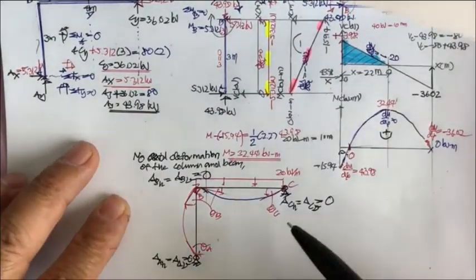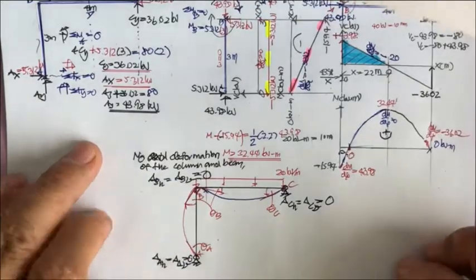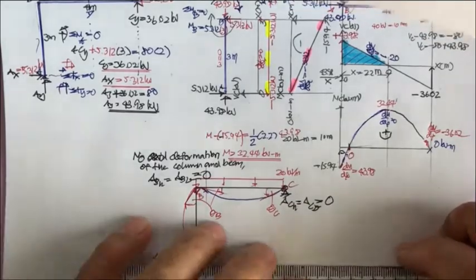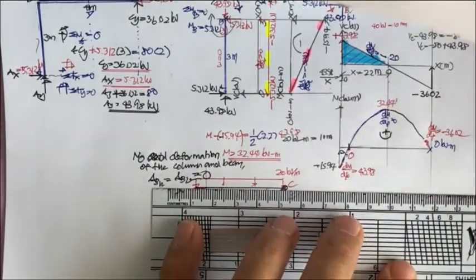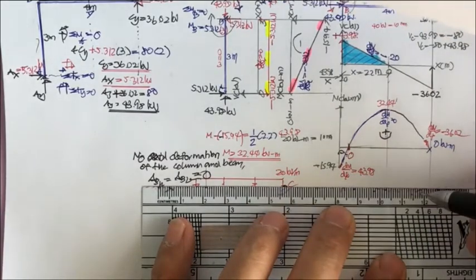So we have only 3 slopes left for you to determine if you would like to find them. And later, if you do this, we may put 1, 2, 3, 4.